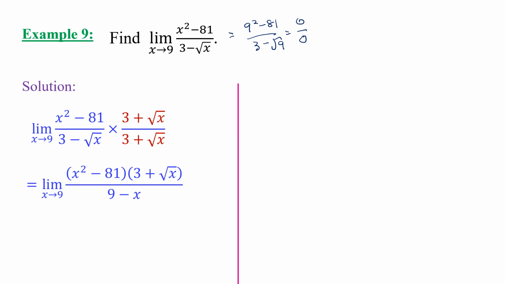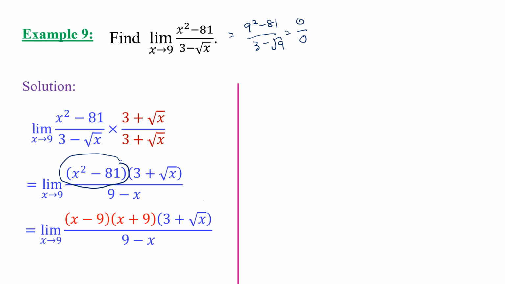So, this is what we get after we expand the denominator. But remember, we multiply the conjugate to get the common factor so that we can cancel out the common factor. But in this question, after we expand, there is no common factor here. So we can use another method to solve this question. x squared minus 81, we can factorize into x minus 9 and x plus 9.